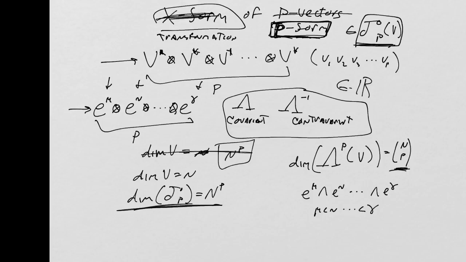And with that in mind, when we express a p-form in this basis, the transformation rule is different. It's no longer the standard transformation rule that we learned using these matrices. These matrices are involved, but they're not the same rules. And that's what we're going to study right now.